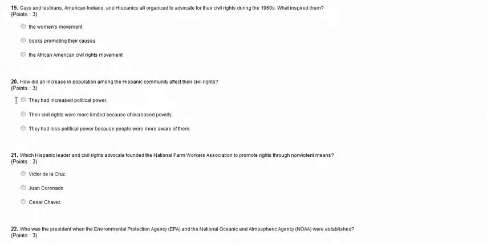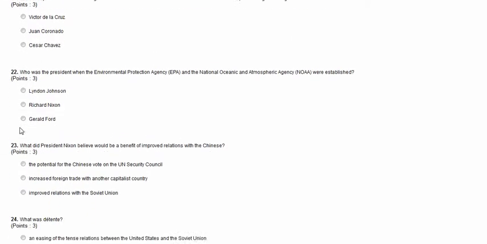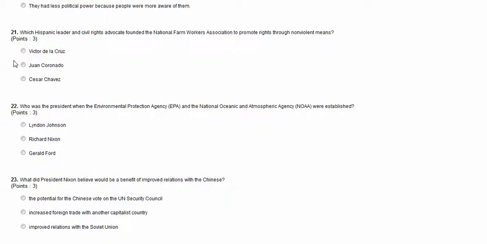They had increased political power, their civil rights were more limited because of increased poverty, or they had less political power because people were more aware of them. Number 21, which Hispanic leader and civil rights advocate founded the National Farm Workers Association to promote rights through nonviolent means? Victor de la Cruz, Juan Coronado, or Cesar Chavez?